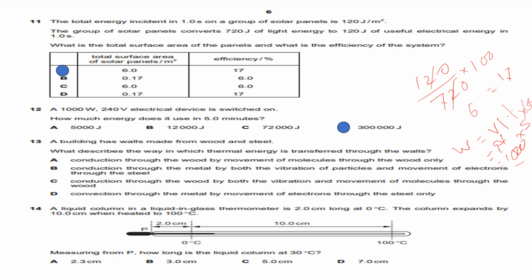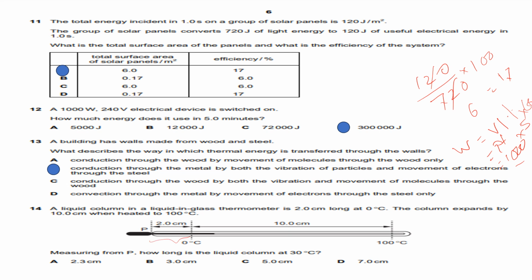Conduction through the wood by both the vibration and movement of molecules through the wood. Convection through the metal by movement of electrons through the steel only. Answer B.